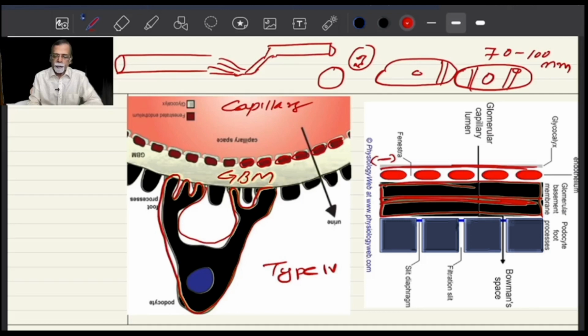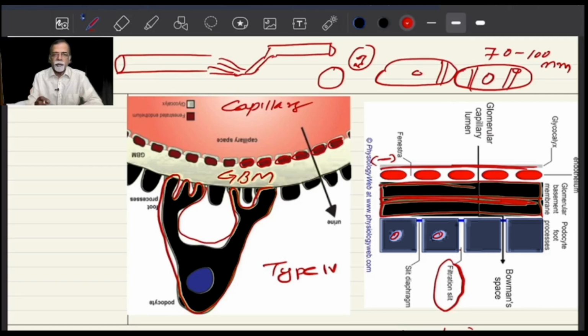Now the next structure: these are the podocytes with the foot processes wrapping the capillary network, and in between there are spaces, and these are called the filtration slit. The filtration slit has proteins, mainly nephrin, that form barriers there, and that produces what is called the slit diaphragm.